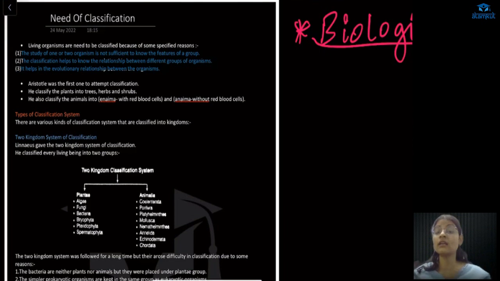Bacteria came first, being unicellular, then multicellular protista, then fungi, then plantae, animalia, and several other things like this. How a multicellular organism was formed from a unicellular one also comes under the evolutionary point of view, and classification is helpful in studying this evolutionary relationship. So these are all the reasons which are necessary for classification.